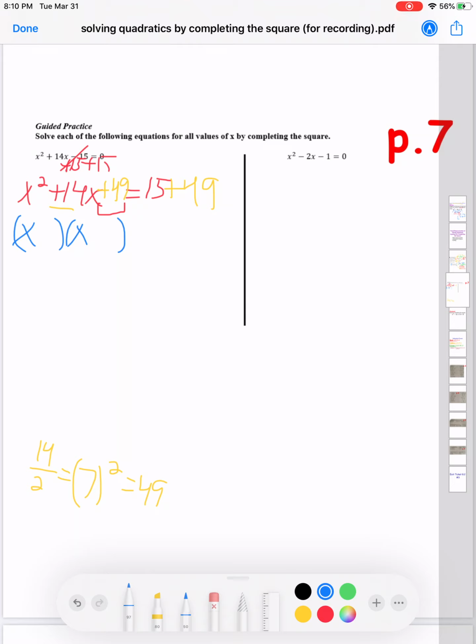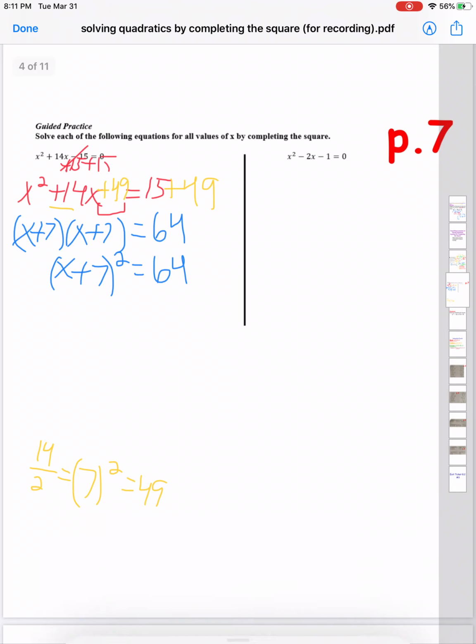Those 2 numbers would be positive 7 and another positive 7, because 7 times 7 is 49 and 7 plus 7 is 14. As I mentioned in the mini lesson, notice that you will always get the same binomial twice, so we're going to go ahead and write it once and square it. On the right side here, we need to just simplify this. 15 plus 49, if we use our calculator, gives us 64, so let's bring that down.